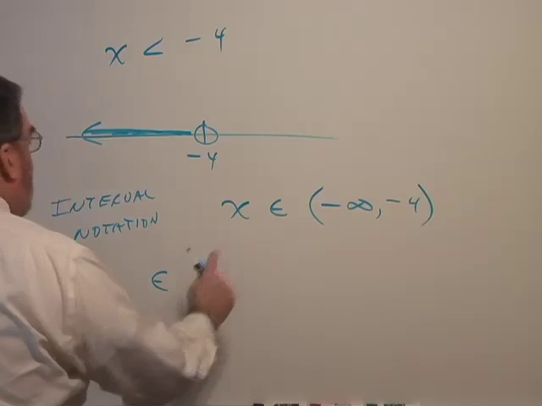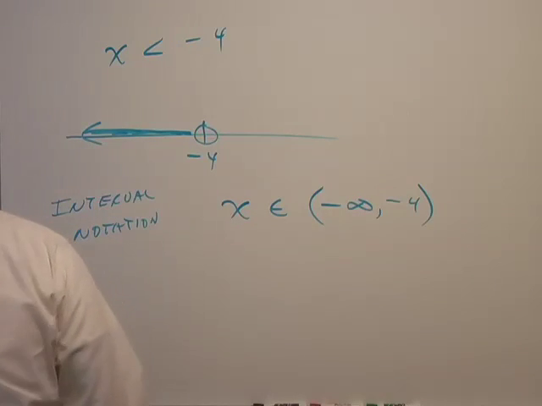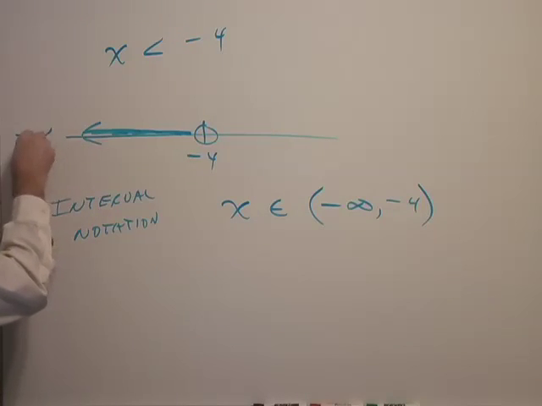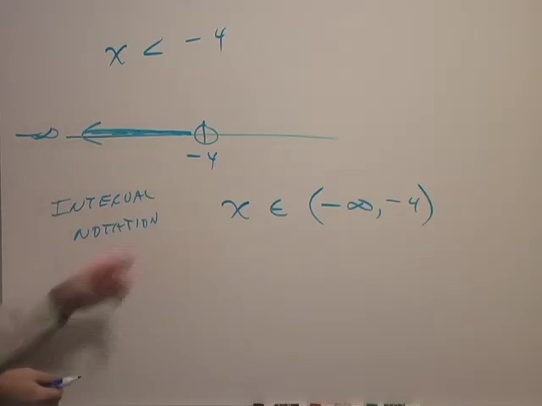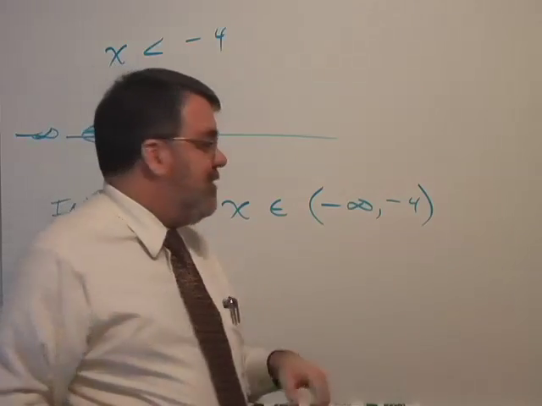So x belongs to the interval, and -infinity is where this number line points to. If you go all the way to the left, it never ends. It goes toward the negative side of infinity.